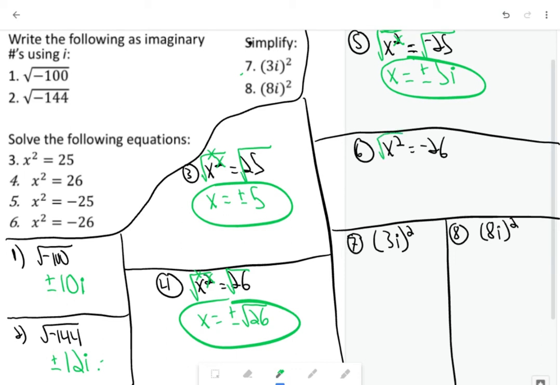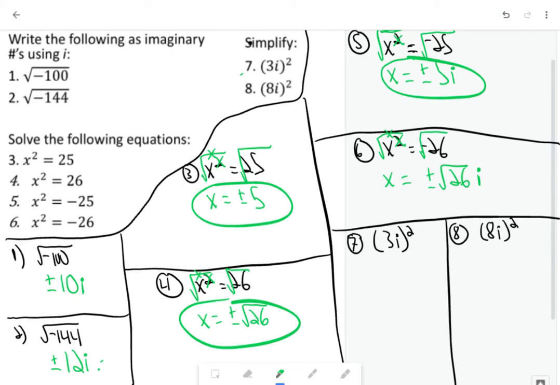I can take the square root of both sides in order to get rid of the squared. But instead of saying positive and negative square root of 26, I can now say positive and negative square root of 26i.